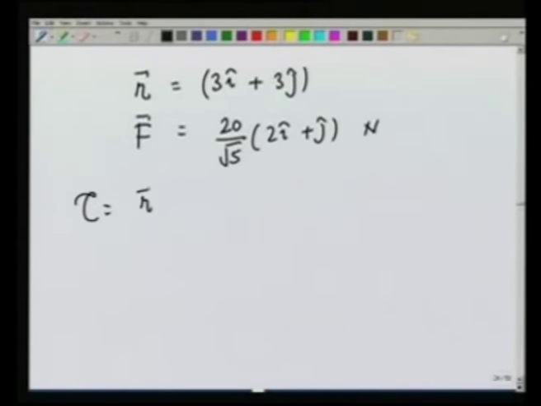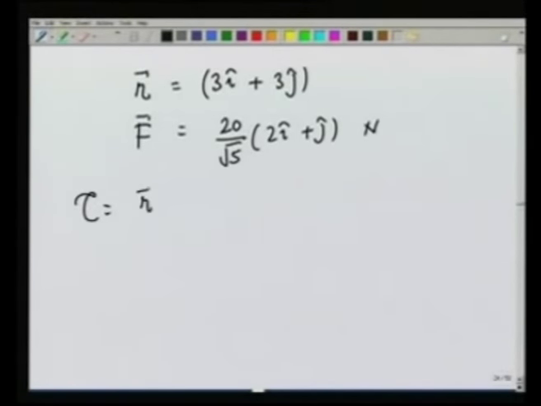Then the torque about O prime is going to be equal to summation over i of R_i prime cross F_i, and torque about O is going to be summation R_i cross F_i, where R_i and R_i prime I take to be the vectors. Let me draw them in blue, touching at the same point.